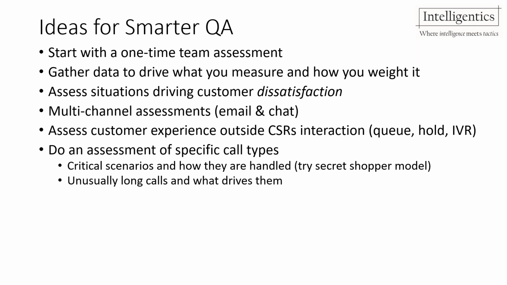Unusually long calls and what drives them. Here's another thing that a lot of QA programs do not address, and it's another example of bias. When it comes to picking a call to assess, most QA people, whether it's a supervisor or a QA team, think: I don't want to QA that 20-minute call. I don't want to listen and assess that call that's 25 minutes long.